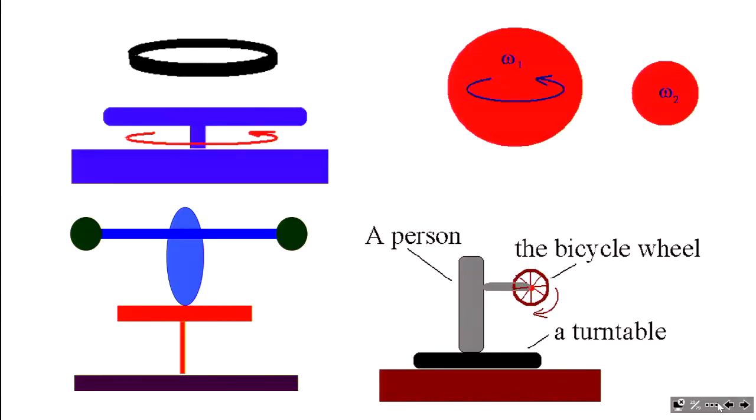Because initially, when it was perpendicular to the vertical axis, the angular momentum was 0. When this wheel has angular momentum, well, let's say clockwise, in order to compensate that, I have to start rotating in the opposite direction. So you can try all these experiments after the class.